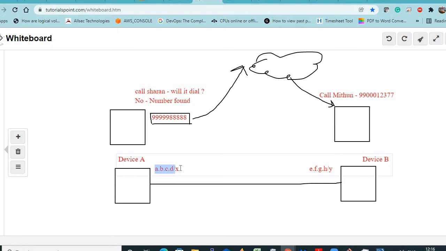It will be in this format. Only then you will be able to send or receive data from device A to device B. So this is the basic understanding. Now, until so far, any doubts? Clear, right?